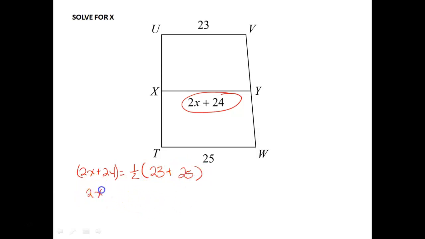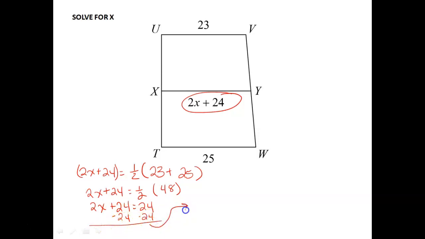So I have 2X plus 24 equals 1/2 of 23 plus 25 is 48. I'll go ahead and take half of 48, right? 2X plus 24 equals, what is half of 48? 24. And then you just solve for X. Subtract 24 from both sides.